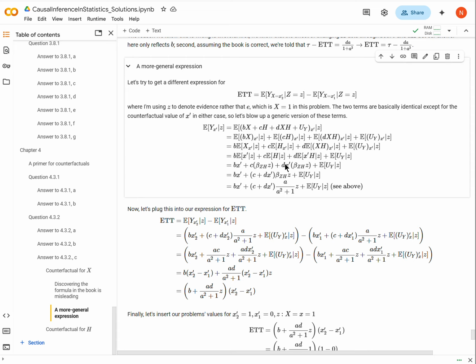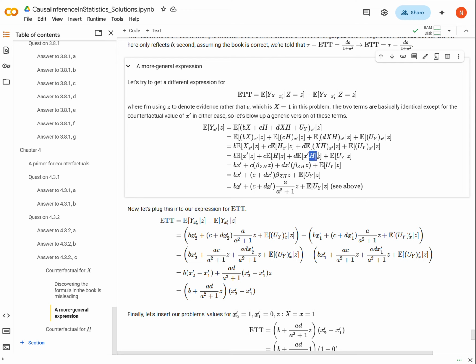The expected value of h given z means I'm going to regress h on z, so I'm going to have beta zh times z. That's just what h equals. Now I'm going to take this term.